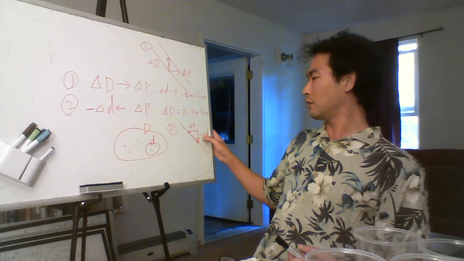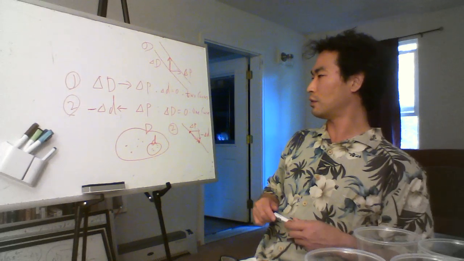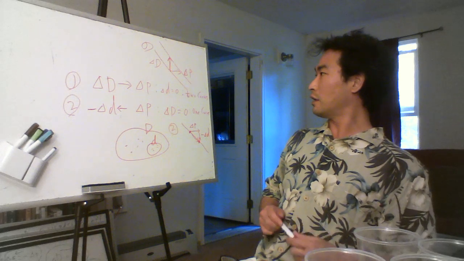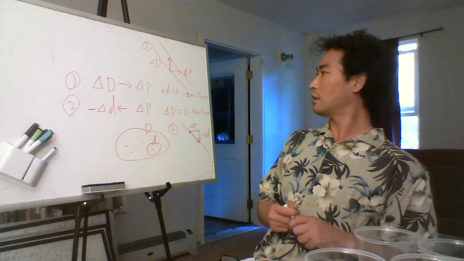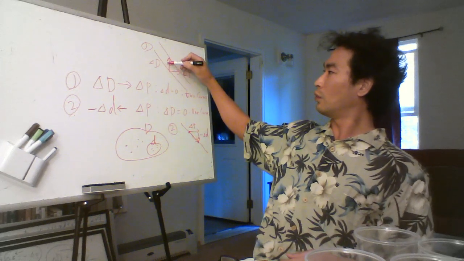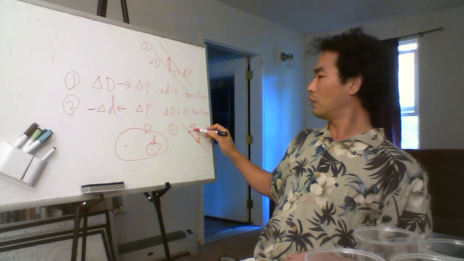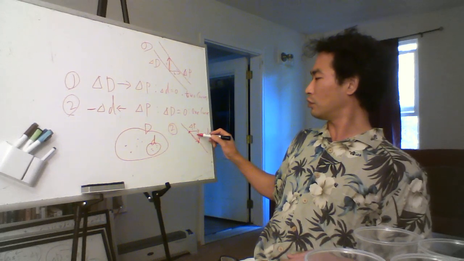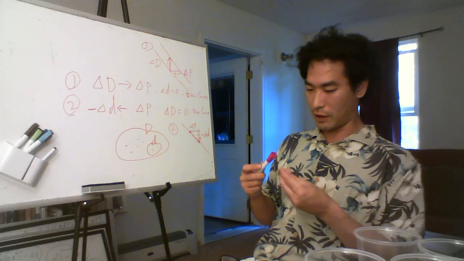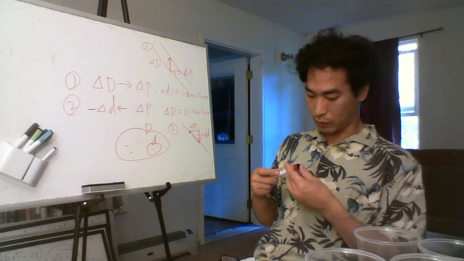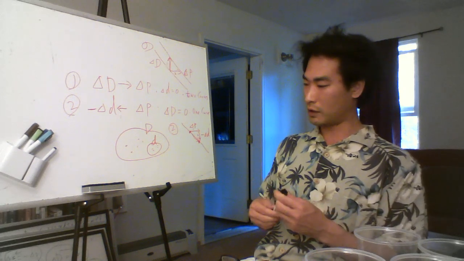Negative times negative 1 is positive, so that's plus delta p. One, two, and you have one, two. Ordering actually matters in our transactional demand theory. Ordering is important. It does make a difference. Time sequence.